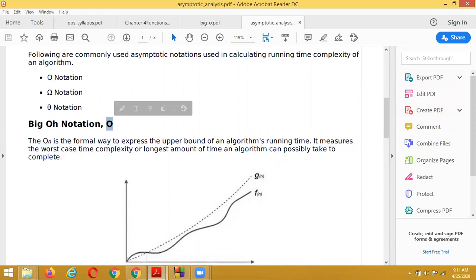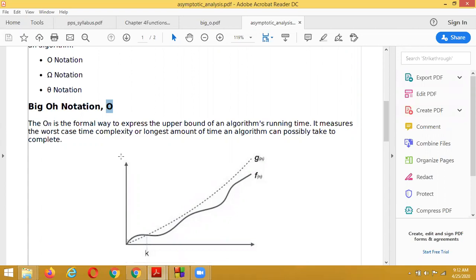Here f of n is our function and g of n is another function. Suppose you treat one axis as the time taken for execution of the program, how much time is taken for the execution of the program.